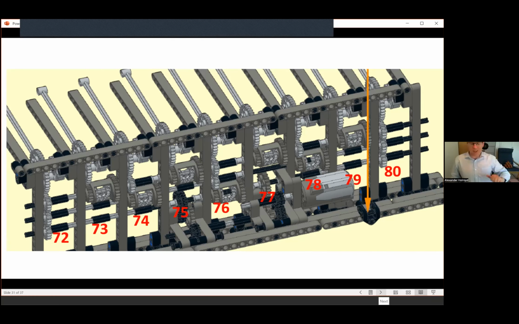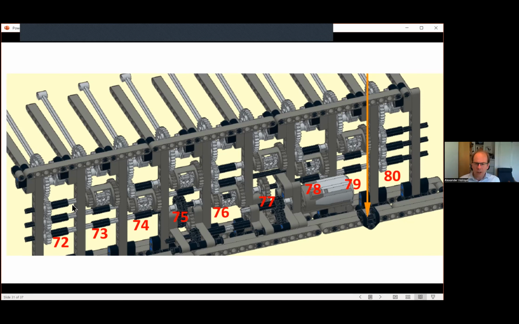Interestingly, at first I tried to do this a different way, because again, we have this sequence of axles and we want their speeds to be in arithmetic progression. Another way to do that would be to put a differential connecting 1, 2, and 3, and then another differential connecting 2, 3, and 4, another connecting 3, 4, and 5 in the sequence.